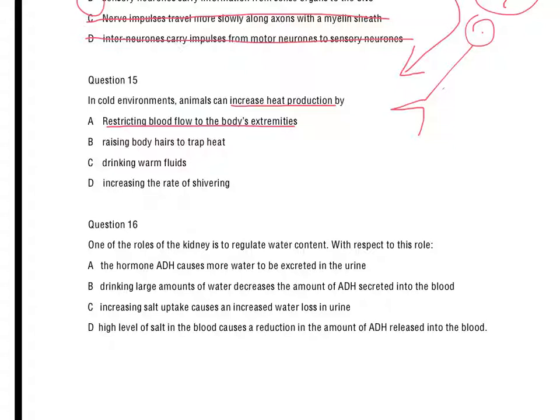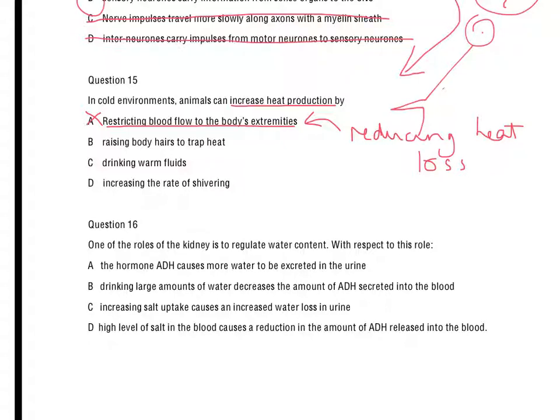But is that actually increasing heat production? It's not. What it's actually doing is reducing heat loss. So yes, it's helping keep it warm, and yes, it is an adaptation that we'd see in a cold environment. However, it's not increasing the heat production, so that one is incorrect.